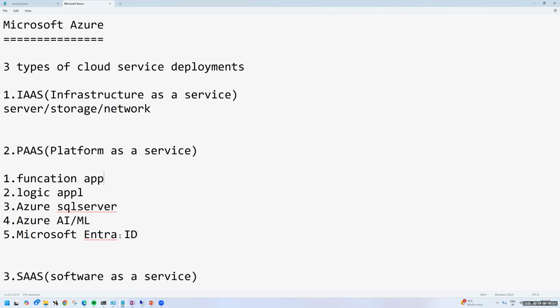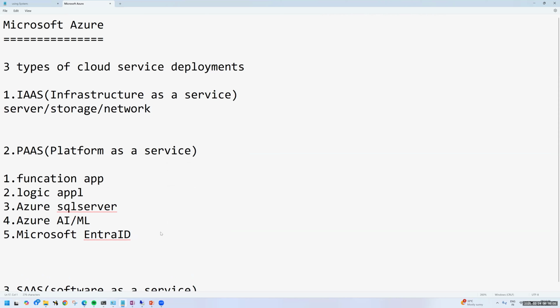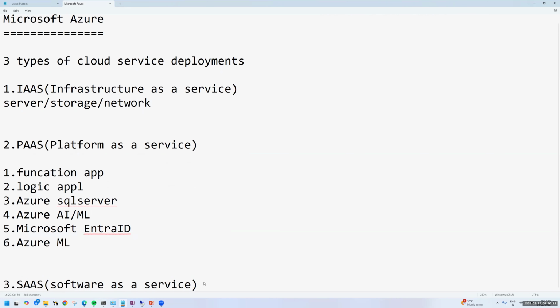That comes under PaaS. These are the list of services under platform as a service. Even Azure ML, machine learning, also comes under PaaS services.